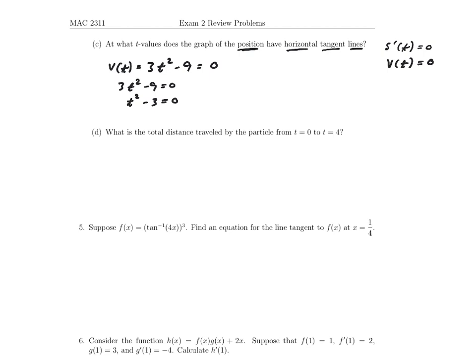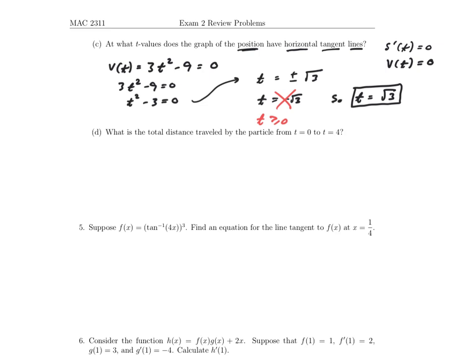Now t is either equal to plus or minus the square root of 3, but remember, t equal to negative square root of 3 is not a viable answer. Remember, we need t to be greater than or equal to 0. So t is equal to the square root of 3 is our only answer.